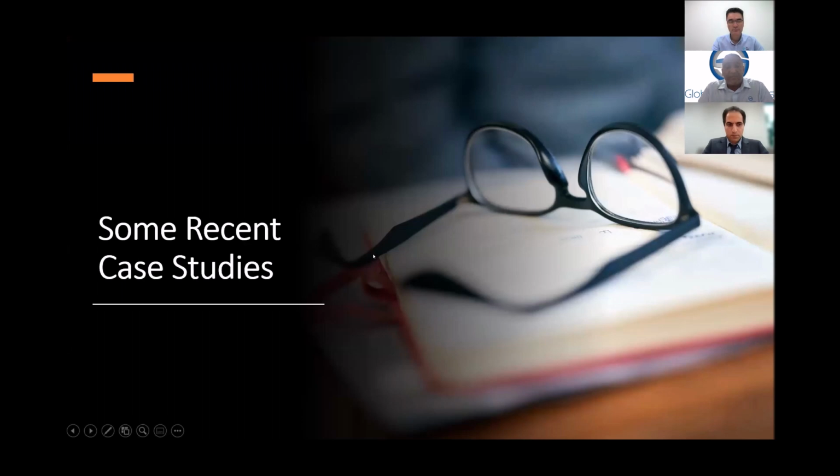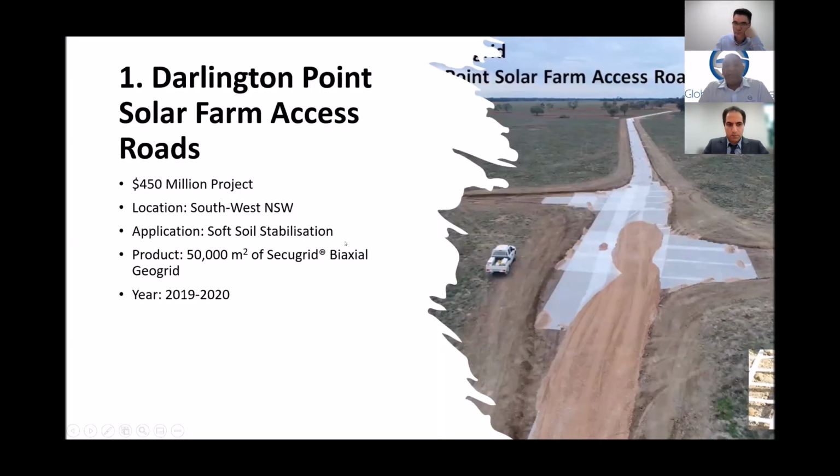I just want to go through some recent case studies. In the renewable energy sector, including wind farms and solar farms, we provide a lot of geosynthetic solutions for access roads and working platforms like crane pads. One project here is the Darling Point Solar Farm Access Road, a $450 million project.